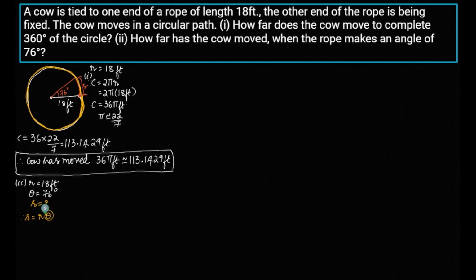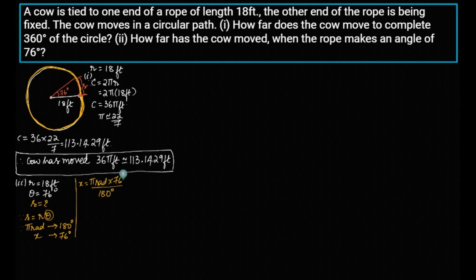So first let us convert theta to radians, that is for all pi radians is equal to 180 degrees. So how much is 76 degrees in radians? Let this be x. When we cross multiply this, we get x is equal to pi radians into 76 degrees divided by 180 degrees.